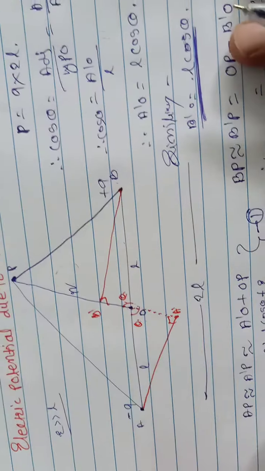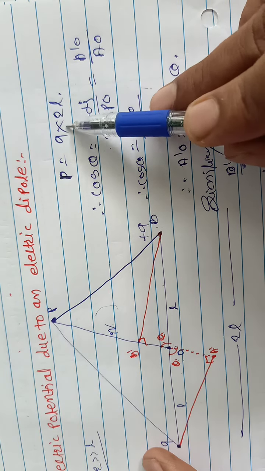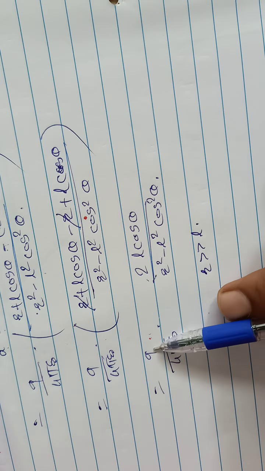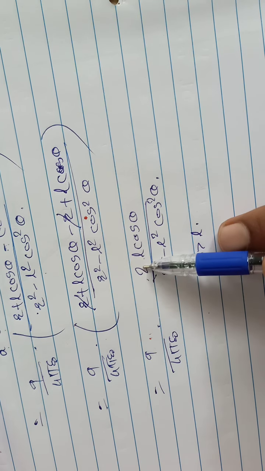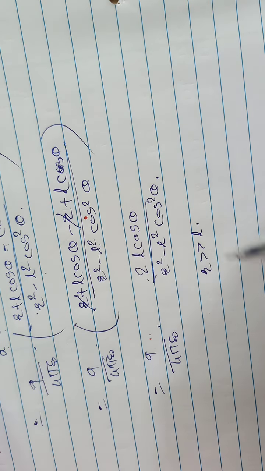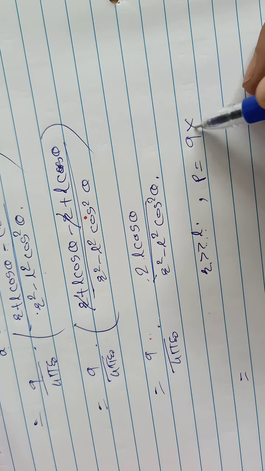And we have another term to consider here, what is our electric dipole? Our electric dipole is nothing but q into 2l. Look at the equation coming here, we have q here, we have 2l here, that means it is our electric dipole. We can write p. So we have both values, r which is very much greater than l, and p which is nothing but q into 2l.